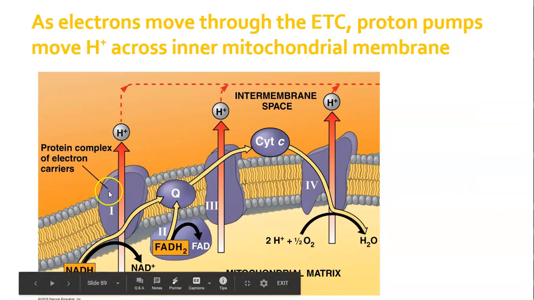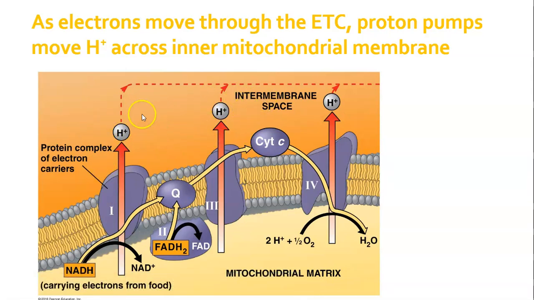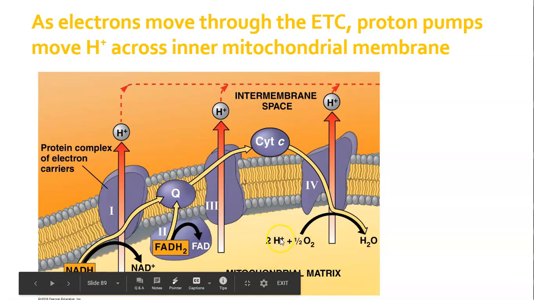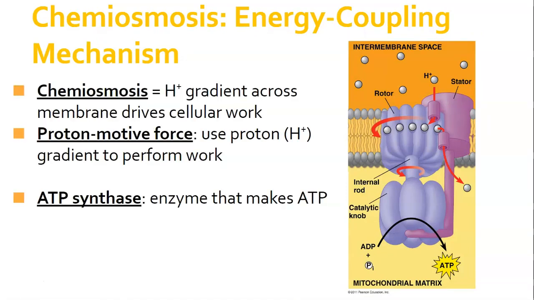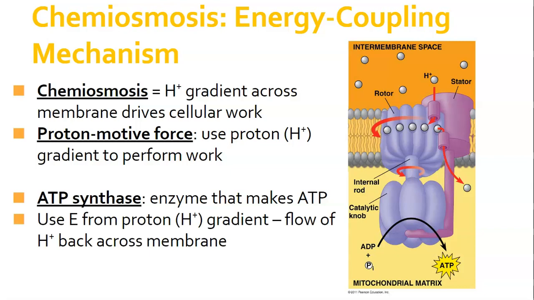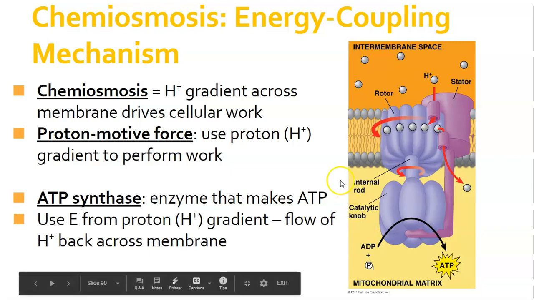In the process of NADH and FADH2 dropping off their molecules, hydrogen go into the intermembrane space, and then some are removed from the matrix in the formation of water. So that creates that huge gradient that can then be utilized by the ATP synthase. So it allows hydrogens to kind of move their way back through, and in the process, they generate ATP.